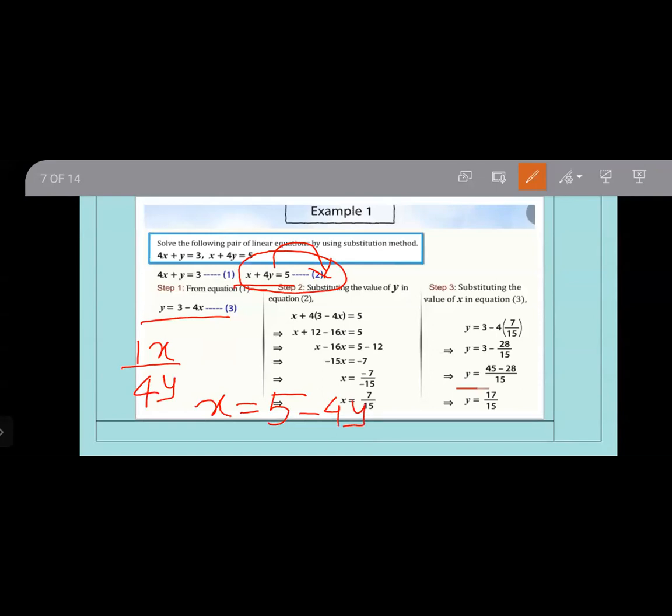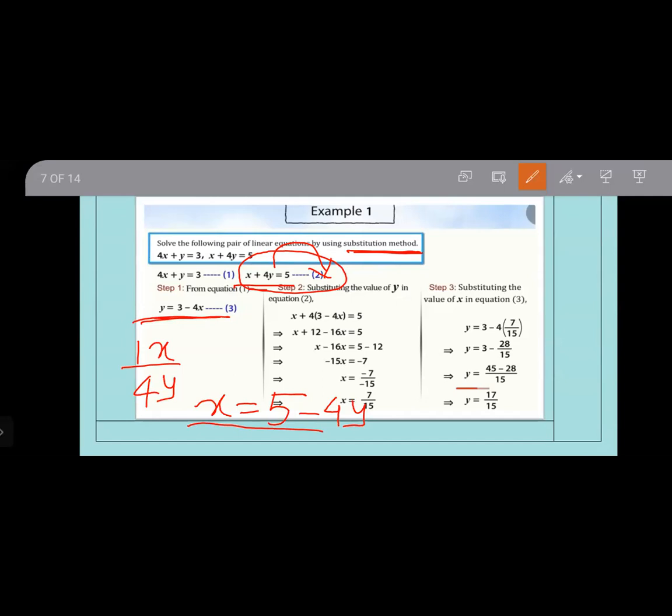So what I have done in the substitution method, students, is take one equation and convert it into the value of one variable. Is this the value of one variable or not? y equals 3 minus 4x, or x equals 5 minus 4y.